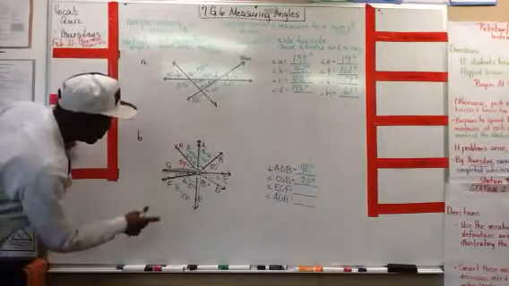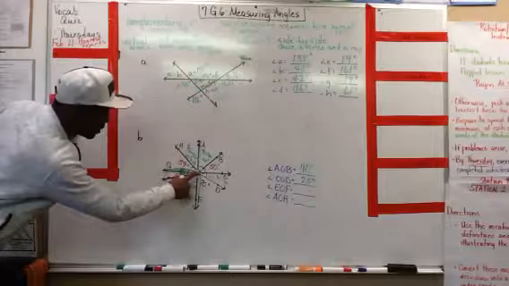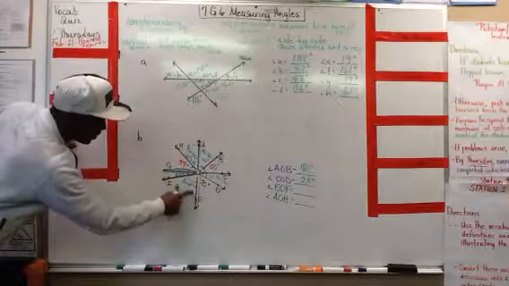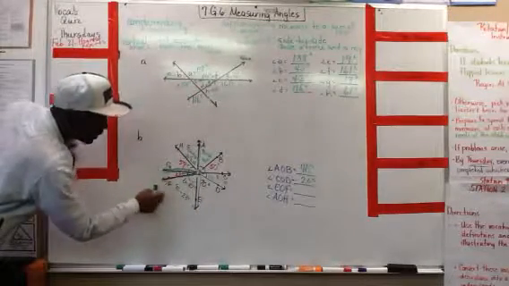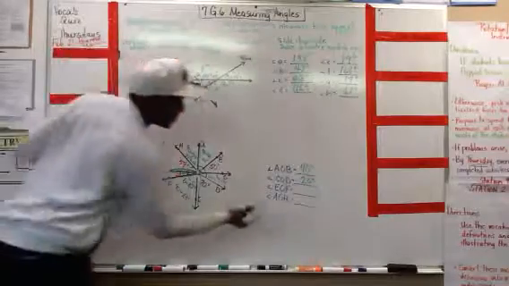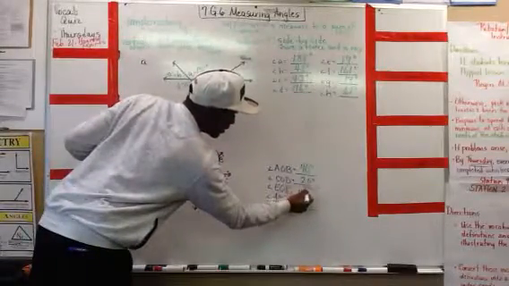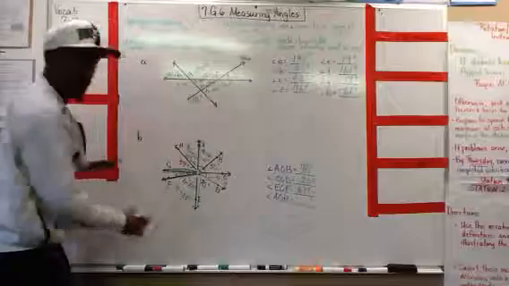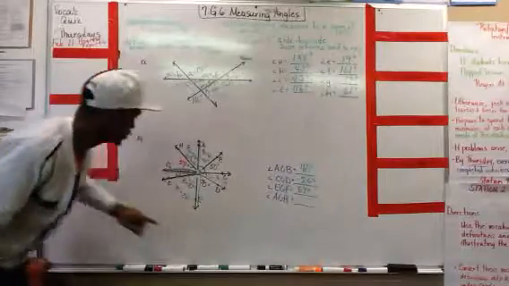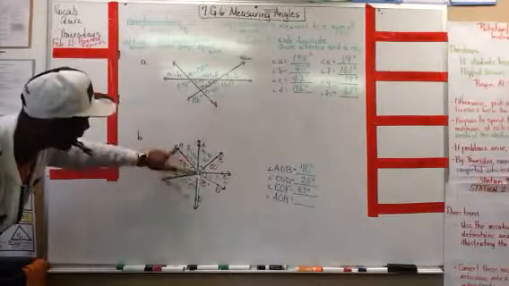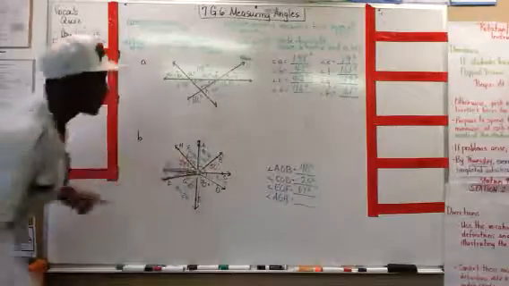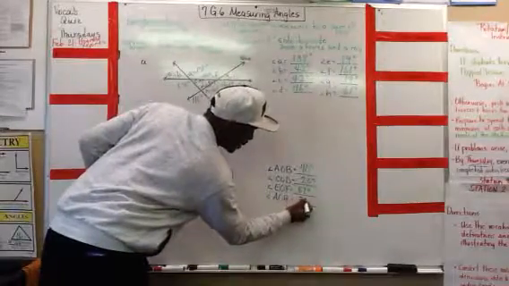Find angle EOF. What does it measure? 67 degrees. That's the math, the work you see. And then angle AOH. 31 degrees. All right.